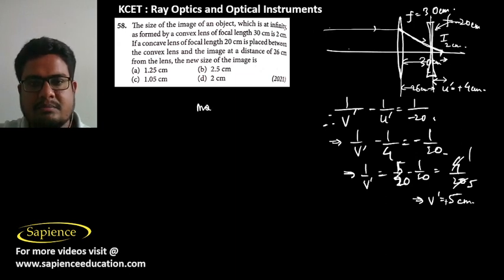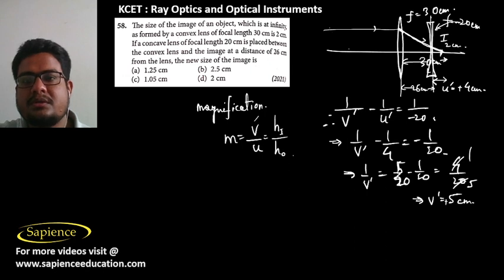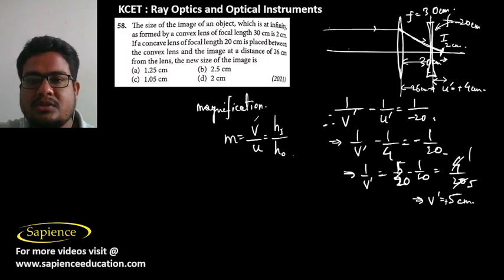Now the magnification produced by a lens, m equals v by u, which equals height of the image by height of the object. So here the first image produced by the convex lens is acting as the object for the concave lens.